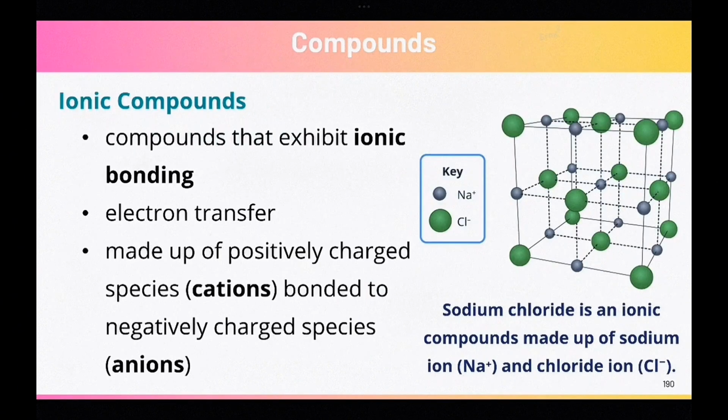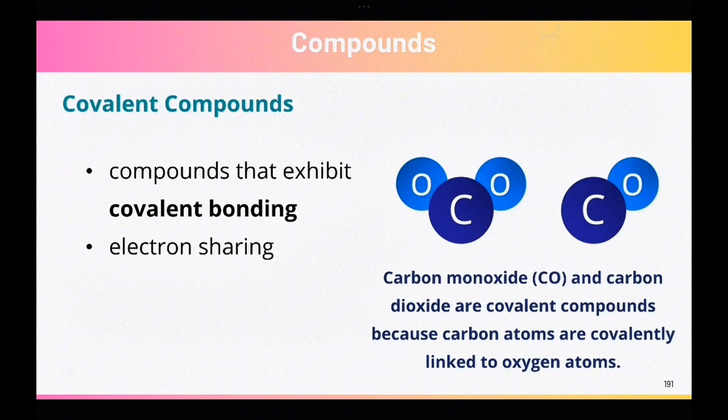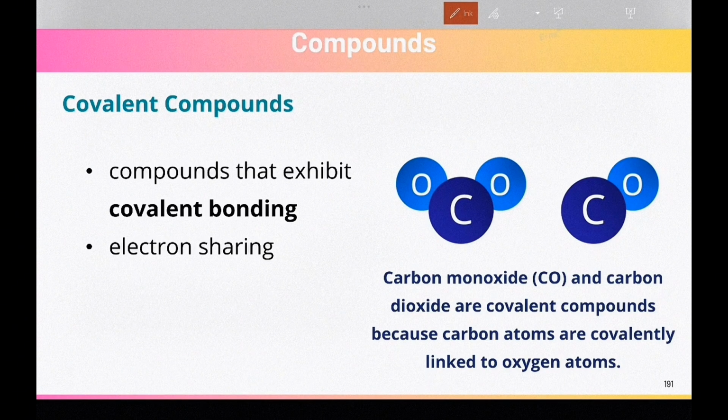To make it simpler, ionic compounds are a bonding of elements between a metal and a non-metal. That's the keyword. For the covalent bond, to make it simpler, this is a bonding of both non-metals.